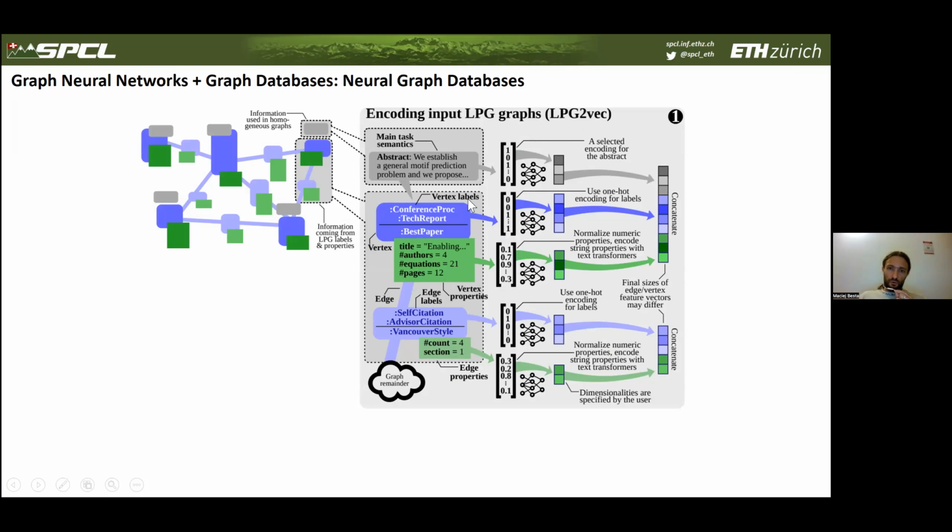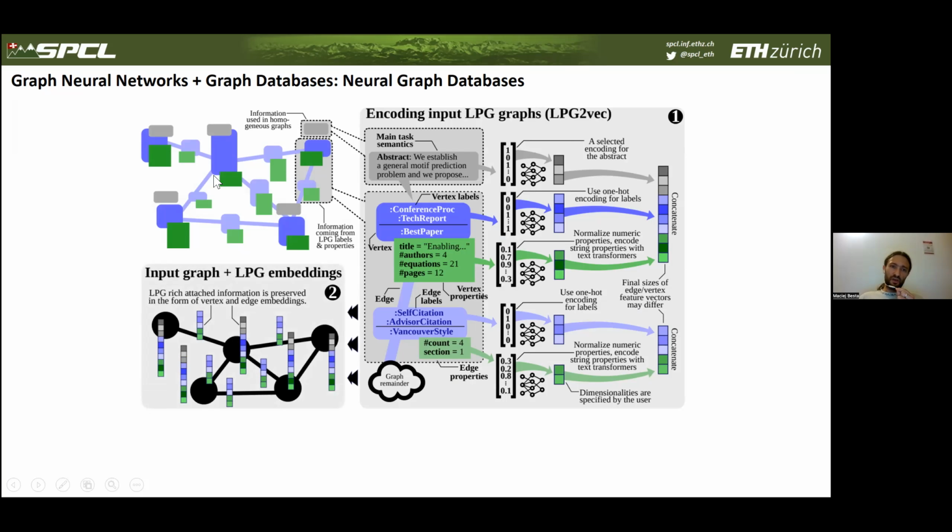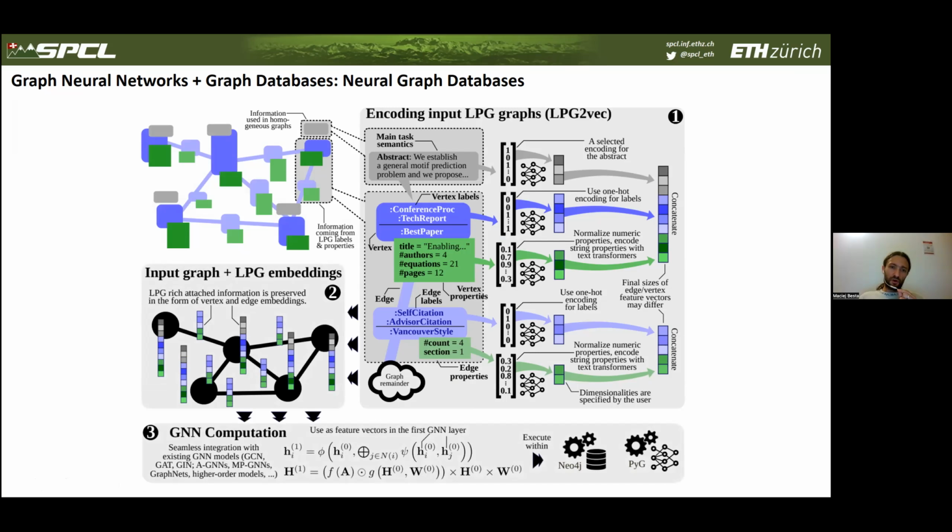The same for vertex labels. We apply some simple discretization, for example, to different properties, or just one-hot encoding to the labels, obtaining feature vectors that are really dependent on the data that we are currently encoding, right? And we are concatenating all these things to create the vectors that we are then using in combination with the plain graph structure. And this can be fed directly into different GNN pipelines to obtain further predictions for the LPG graphs.